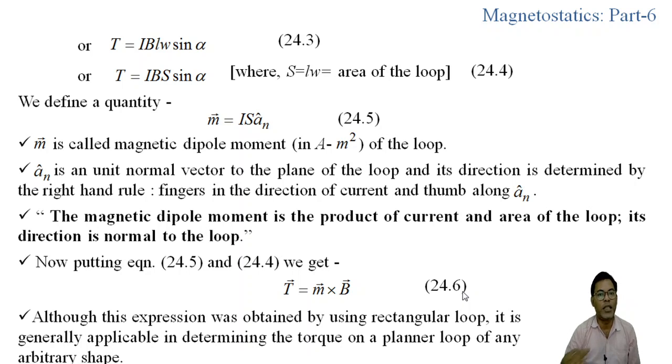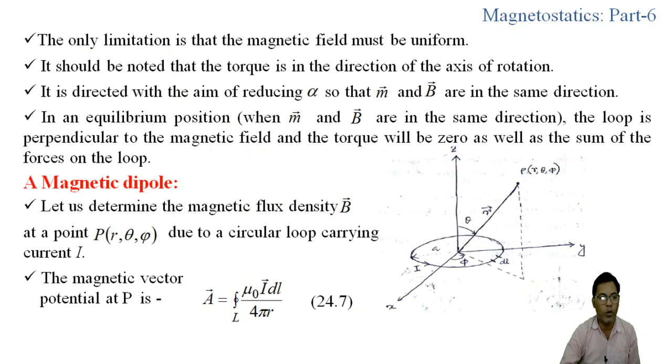That means if the loop shape is arbitrary in nature, we can use that calculation, but the loop must be planar. Okay. So now the only limitation is that the magnetic field must be uniform.